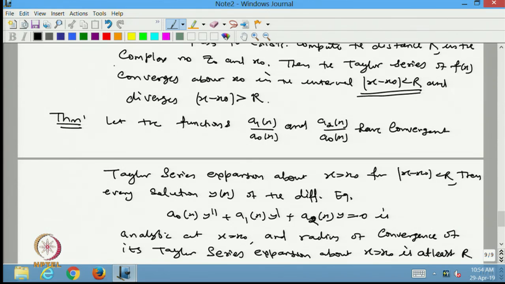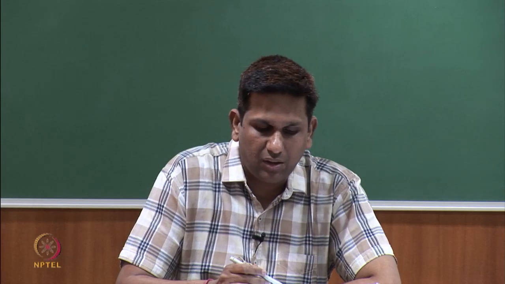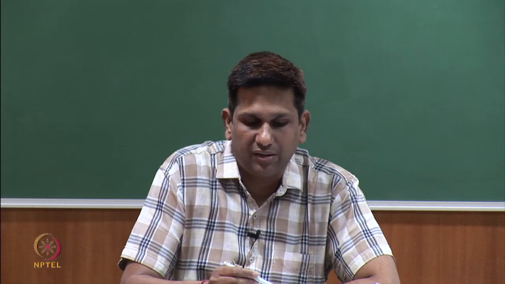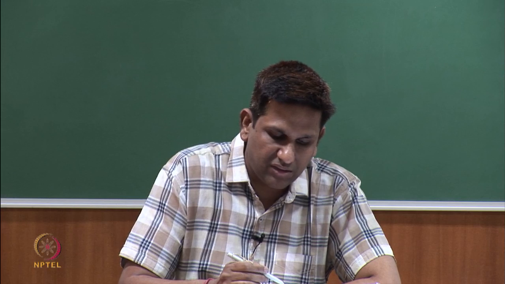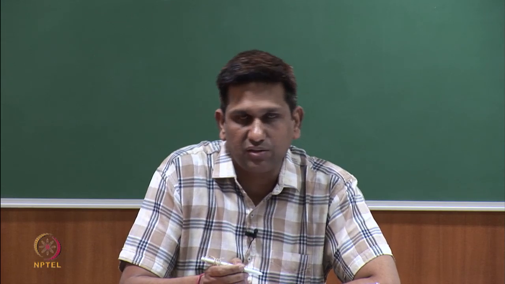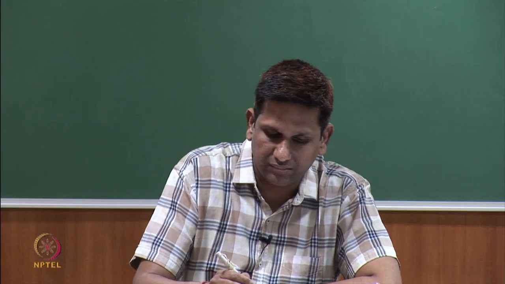So, this theorem says that if I divide by a naught(x), and a1(x) over a naught(x) and a2(x) over a naught(x) have convergent Taylor expansions about x equal to x naught with radius of convergence r, then every solution y(x) of the differential equation is analytic at x equal to x naught and the radius of convergence will be at least r.